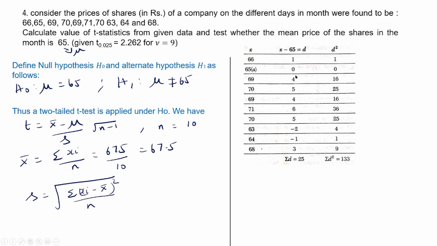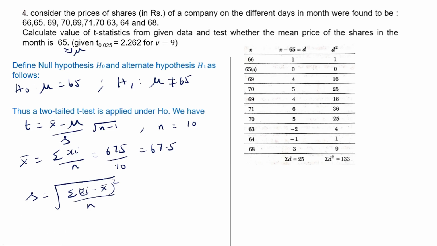Here 66 minus 65 is 1, 65 minus 65 is 0, 69 minus 65 is 4, 70 minus 65 is 5, and so on, and the squares of all these are here. So we have summation d is 25 and summation d square is 133.